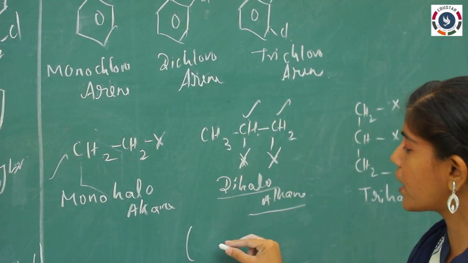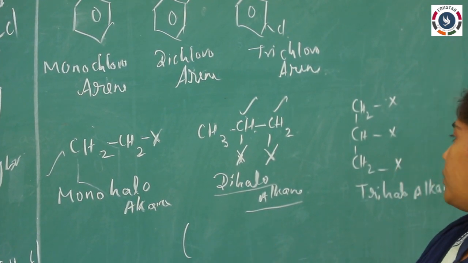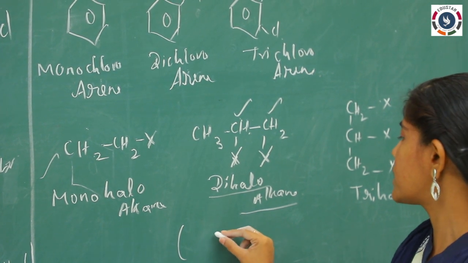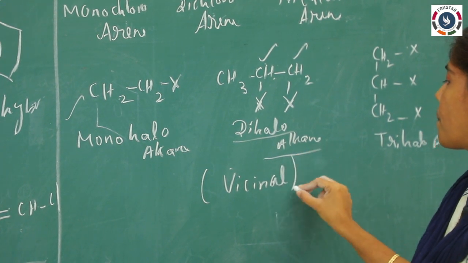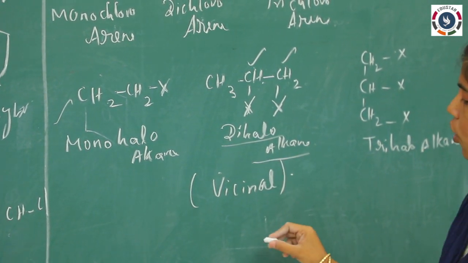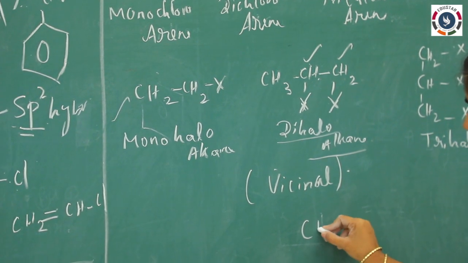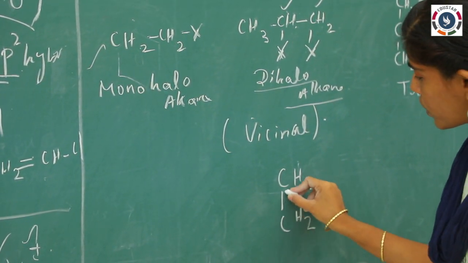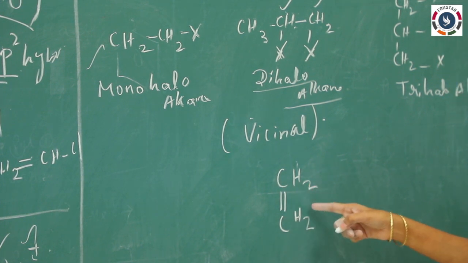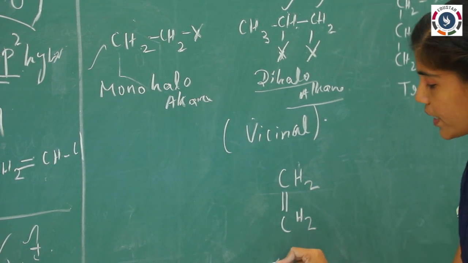We have a special name for it. This is called vicinal. This vicinal can be written like this. What is this? This is CH2 double bond CH2, that is ethylene, right.